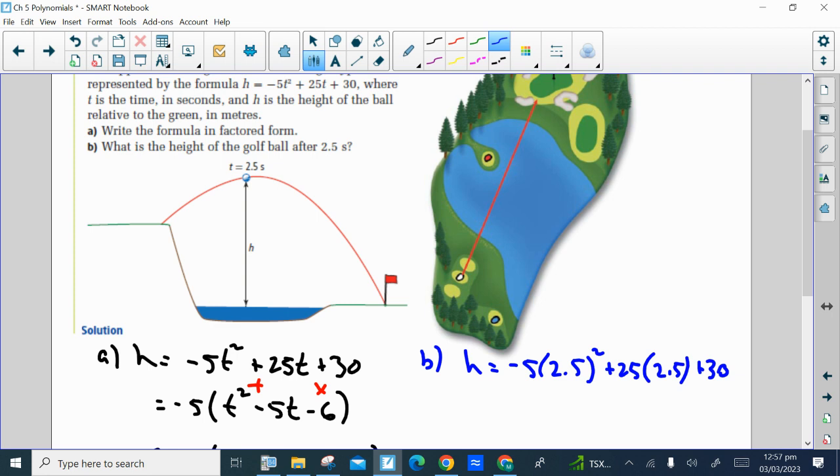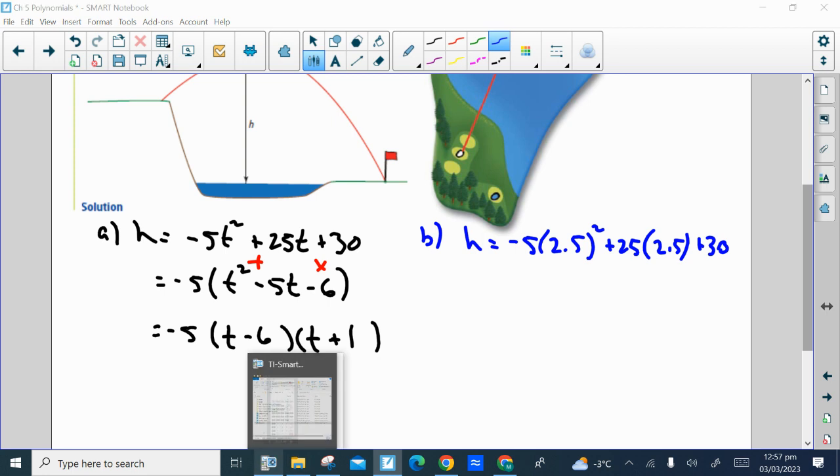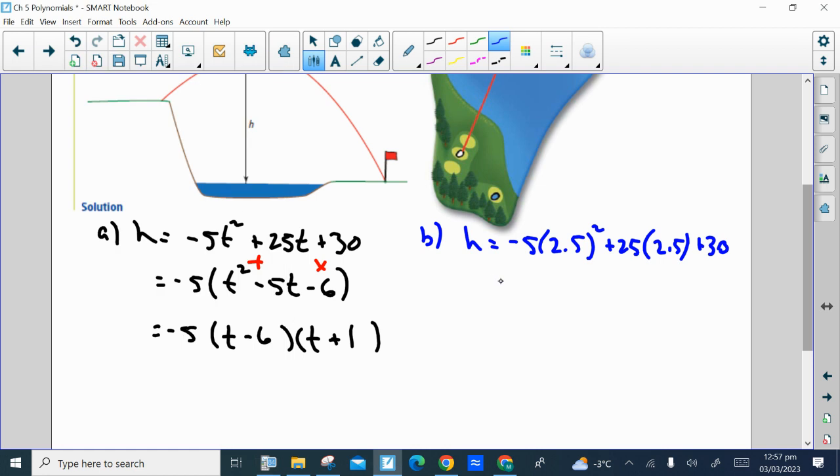So I took the original equation, and I'm letting t equal 2.5. So we'll get the calculator out. The first term is -5 times 2.5 squared. That's -31.25.